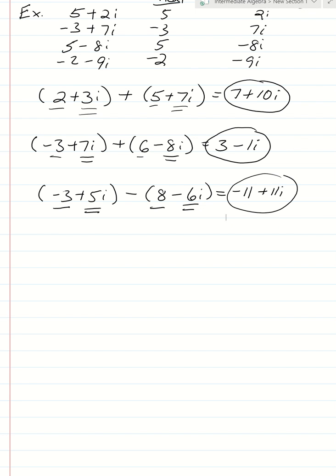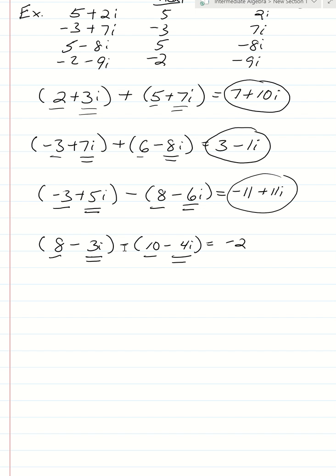Let's just do one more. Let's say we had 8 minus, let's say, 3i, and we want to subtract maybe 10 minus 4i. Once again, we want to combine these like terms, these like parts. So if I take the 8 and subtract the 10, that would give us a minus 2. And then let's take the negative 3 and subtract the negative 4.